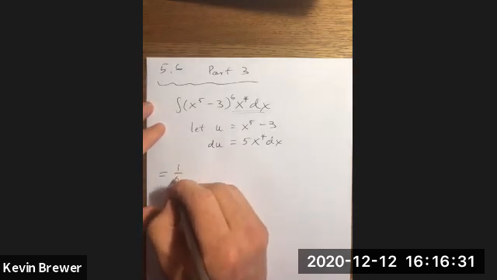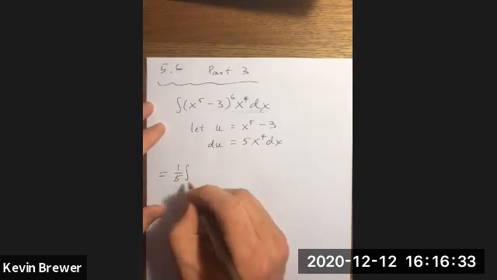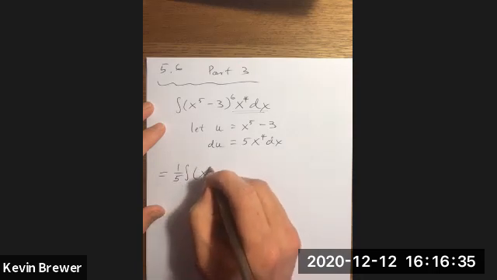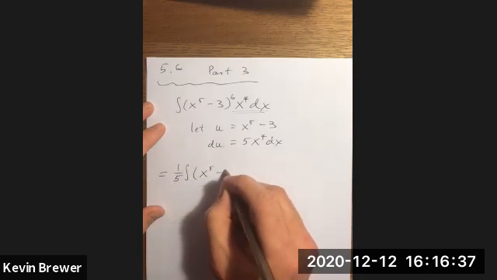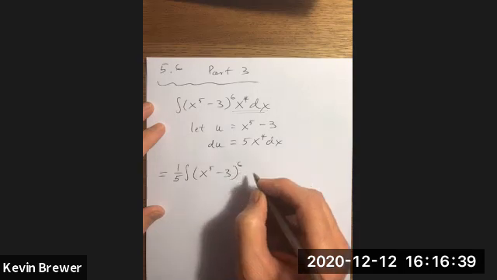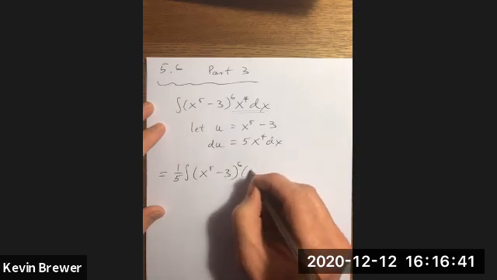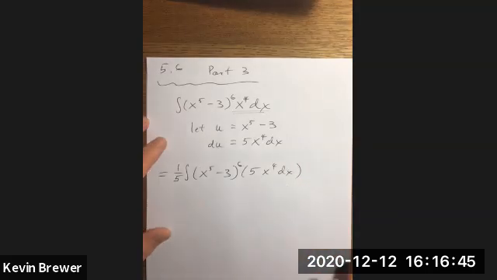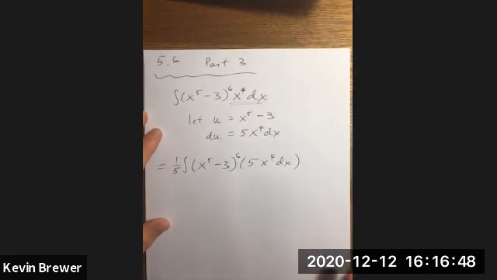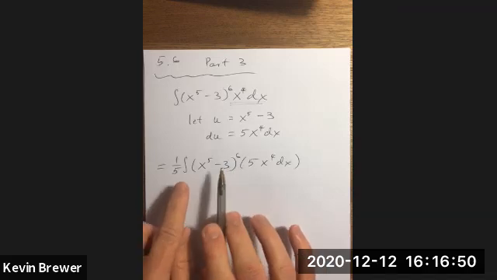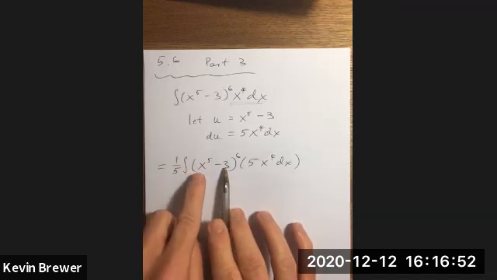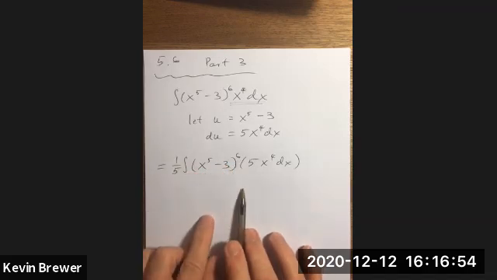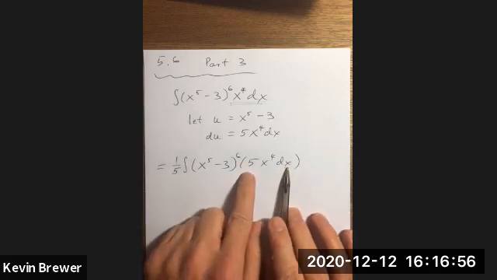This is 1/5 the integral of x to the 5th minus 3 raised to the 6th times 5x to the 4th dx. And now, notice, we have u to the 6th power, and then we have exactly du.